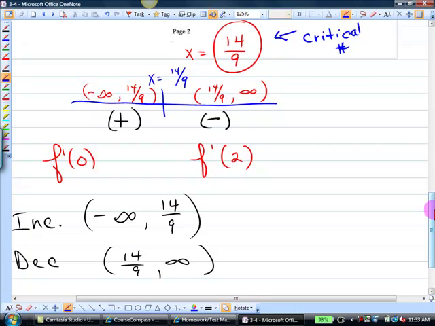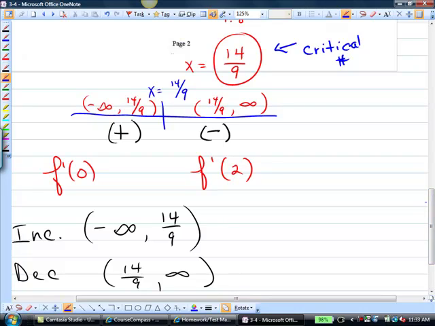Okay. So the critical number, where's that occurring in the original? Think about it. If that's where the turning point is, what is it in the original? If it's increasing and it gets to 14/9 and then it's decreasing, what's happening at 14/9?